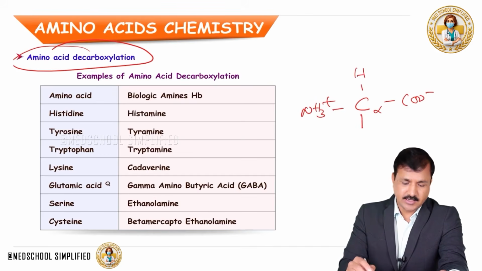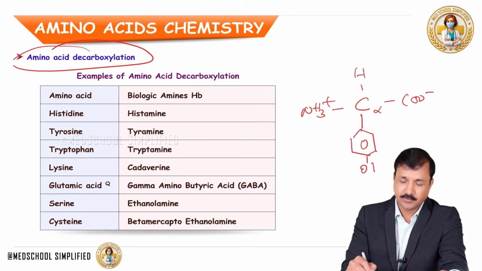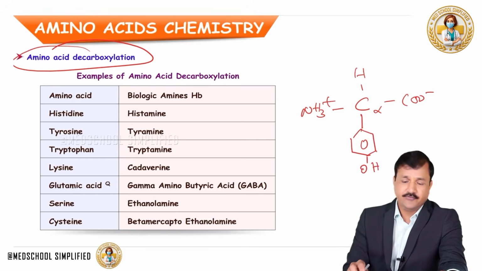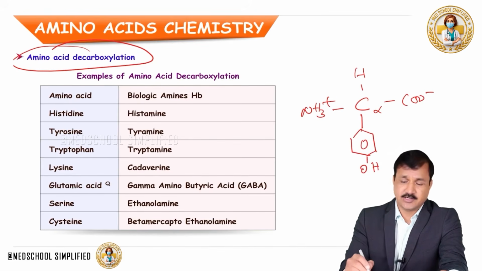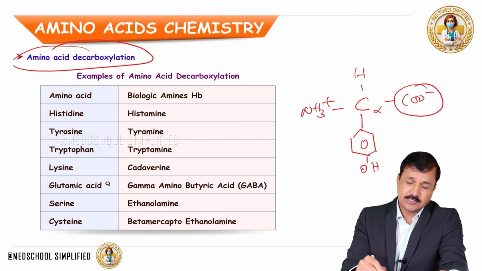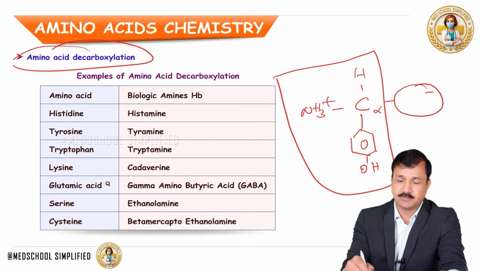For the side chain I will write tyrosine, a benzene ring with the hydroxyl group. Now, if I remove the carboxyl group of this amino acid, what will remain is only this part here. The primary amino group is remaining, the carboxyl group is taken out.